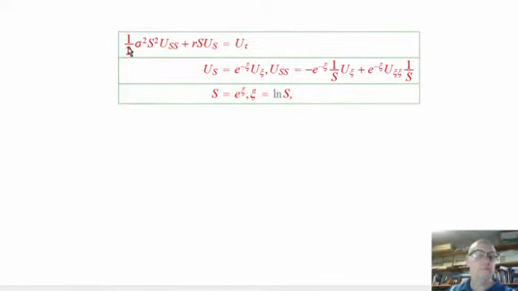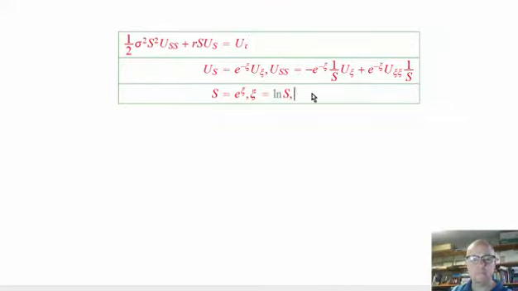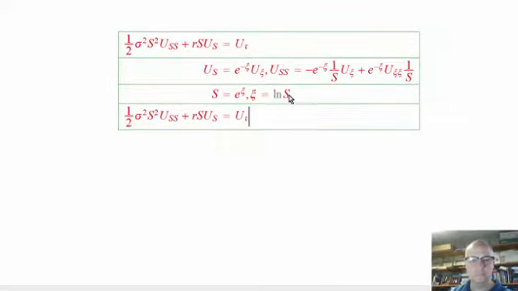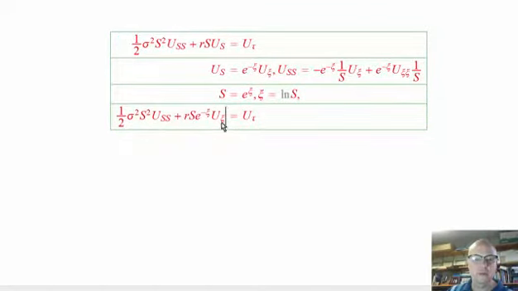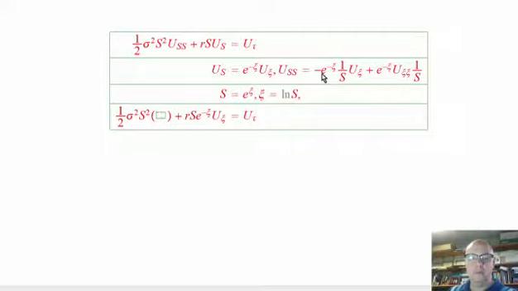So this is the partial differential equation. Now I'm going to replace these derivatives with respect to stock with the derivatives with respect to squiggle. So that's what I'm starting with. Instead of u sub s, I'm going to put this piece. Instead of u sub ss here, I'm going to put this piece.